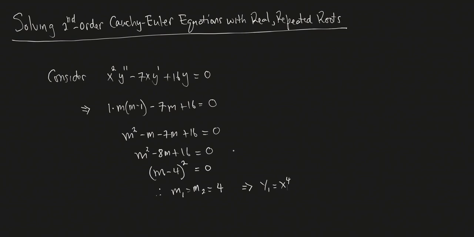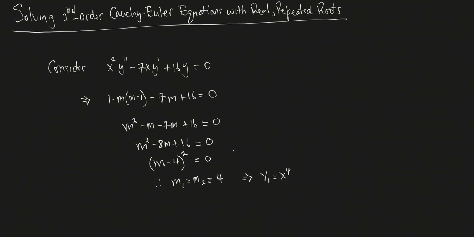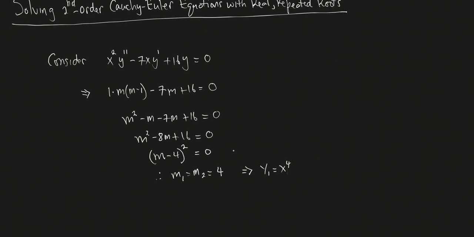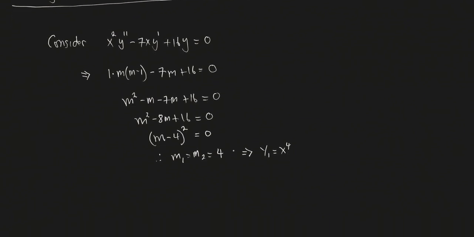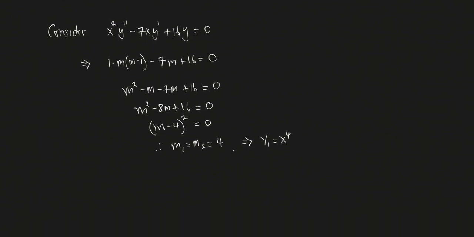Well, we're going to follow that same reduction of order process that was discovered by D'Alembert. So by the reduction of order, what do we seek?